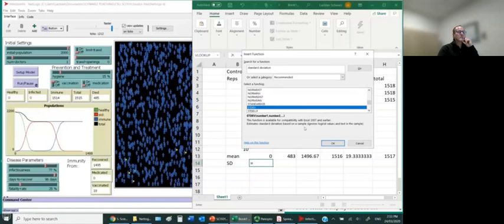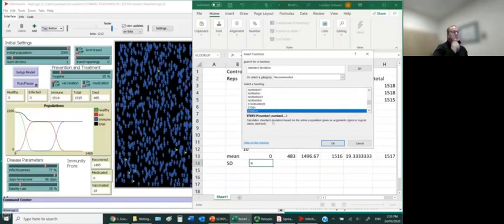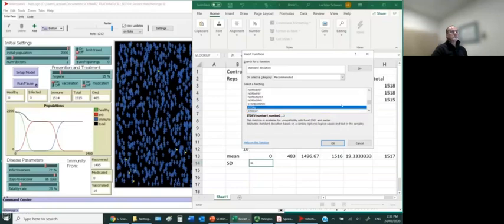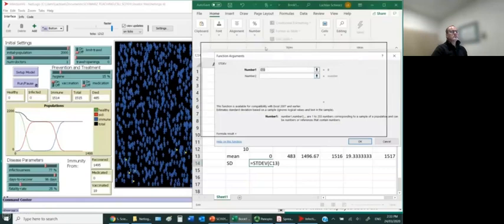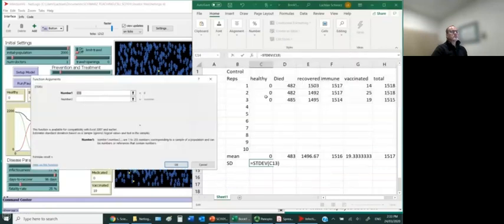Estimates the standard deviation based on a sample, ignores logical values, etc. This standard deviation.p calculates standard deviation based on the entire population given as arguments. So you can use either of these two, it's not going to matter. I'll click on OK. It's then asking me for the range. My range is going to be our replications.